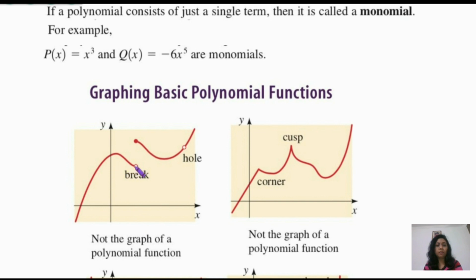Can you see breaks and holes in this graph? So this is not a graph of a polynomial function. Here there are corners and a cusp, which is a sharp point, so this is not a graph of a polynomial function.